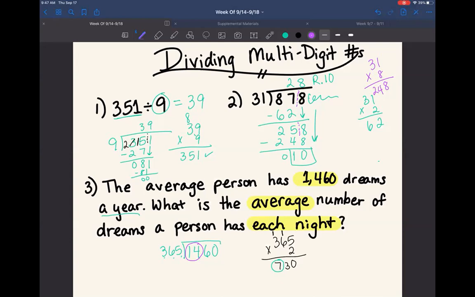I can multiply 730 by 2. Or if I want to save time, I have here a 2, and this one's a 2. So if I'm multiplying something by 2 and by 2 again, it's the same as multiplying by what? Okay, I see you, Sam. If I'm multiplying a number by 2 and then again by 2, it's the same as multiplying by what?